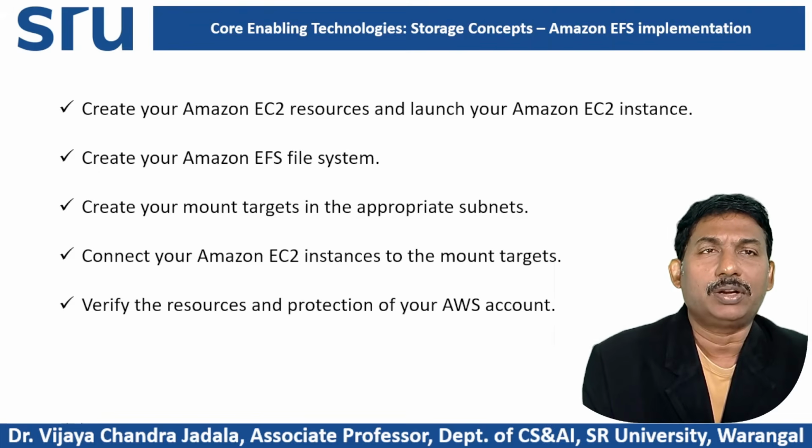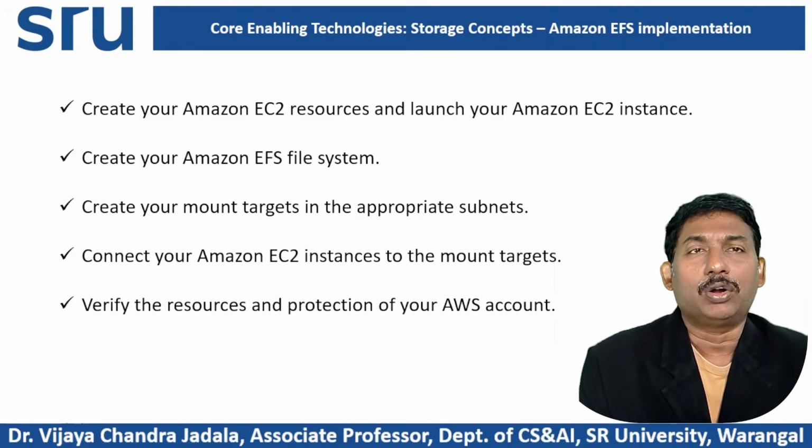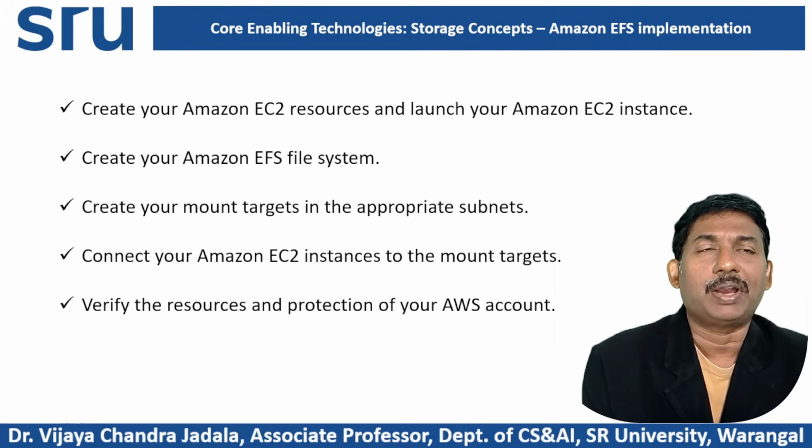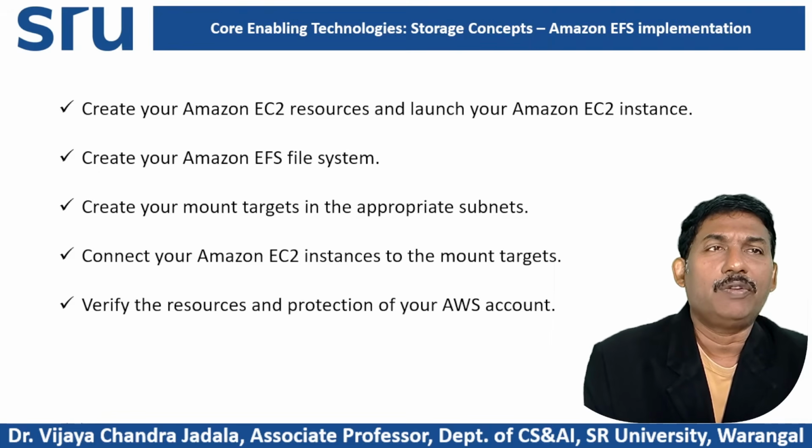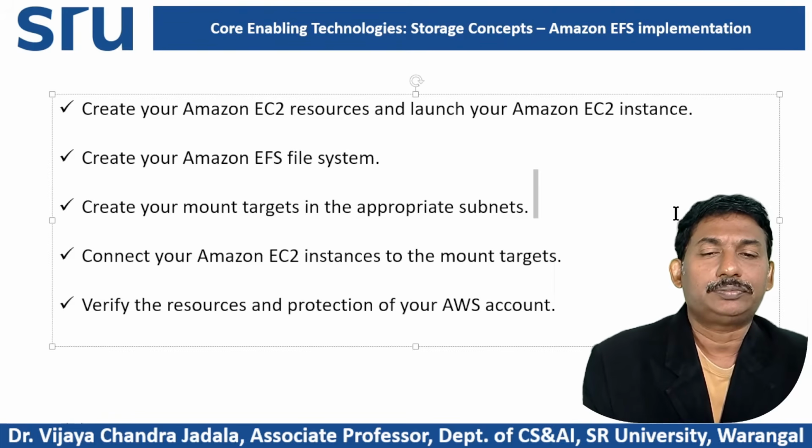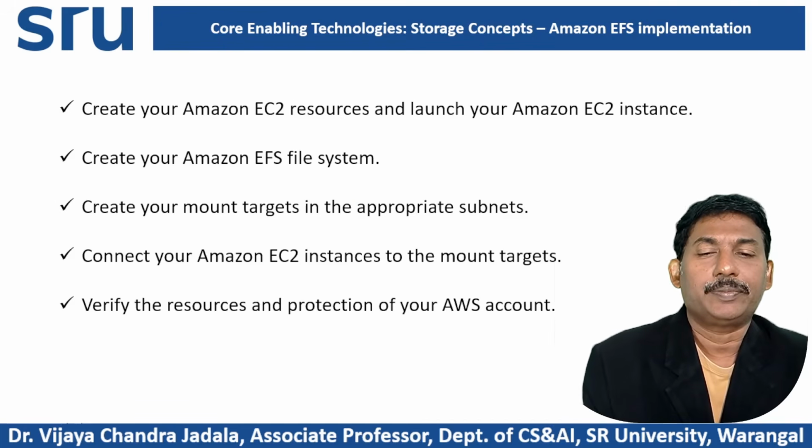It will create the mount targets, and appropriate subnets and availability zones will be provided, and you can shift from one availability zone to another automatically based on the requirement. It will connect your EC2 instances to mount targets. It will verify the resources and protect your AWS file system.